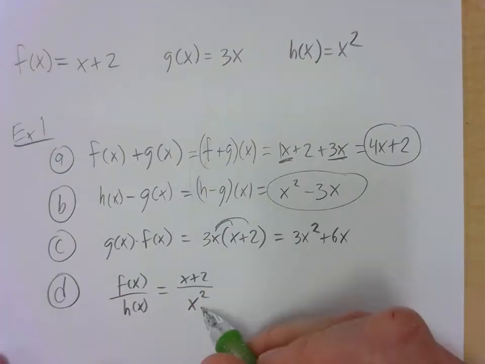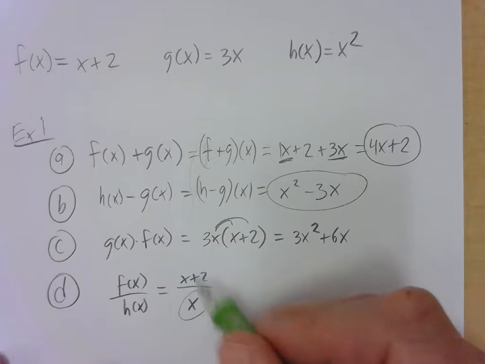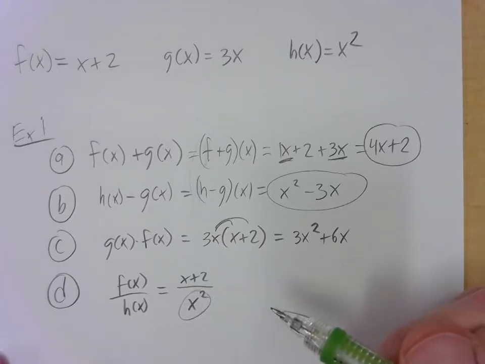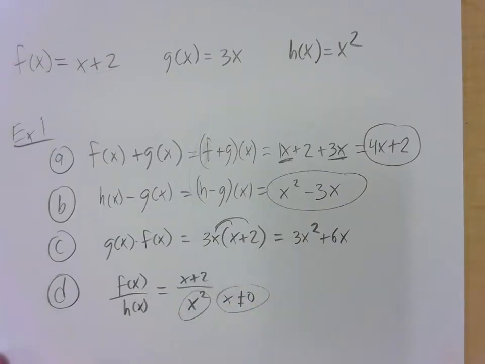Sometimes it'll say, what are the restrictions when you divide here? Basically, you have to watch out for dividing by 0. You're not allowed to divide by 0. So if x was 0 here, you wouldn't be able to do this problem. So x cannot be 0. That would cause division by 0. So there's add, subtract, multiply, and divide.